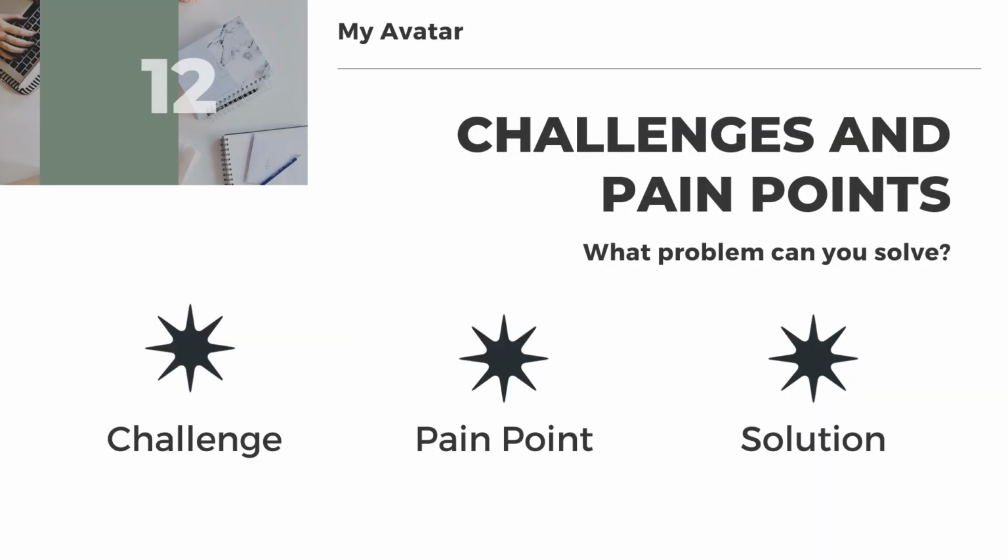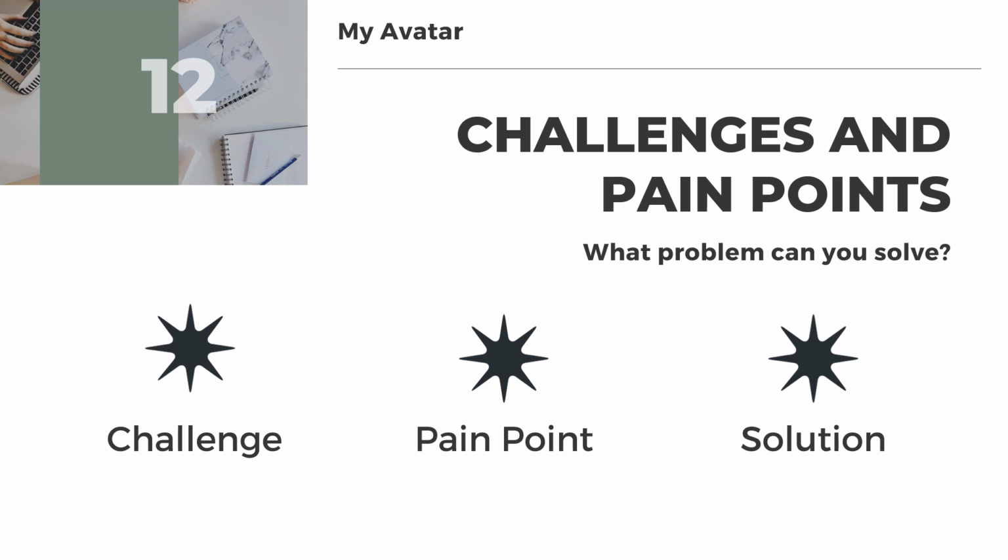So challenges and pain points. We've looked a lot at the factors which we can see, but realistically, the final thing we need to know about our ideal client is what their pain point is, what challenges they're facing, and how we can help them. So the challenges may be, for example, you're running an online fitness service. The challenge may be exercising when at home.